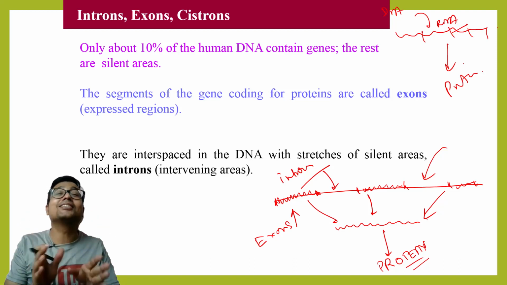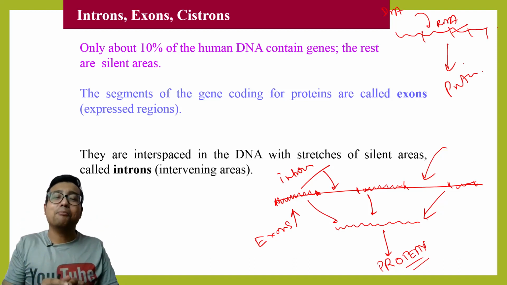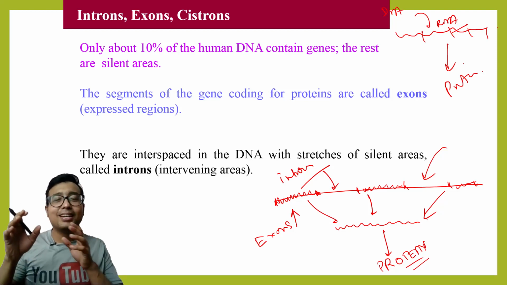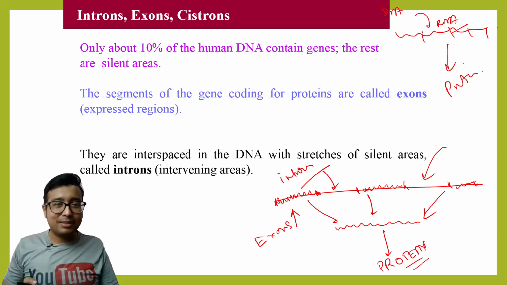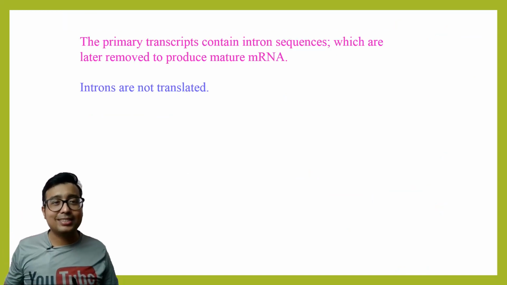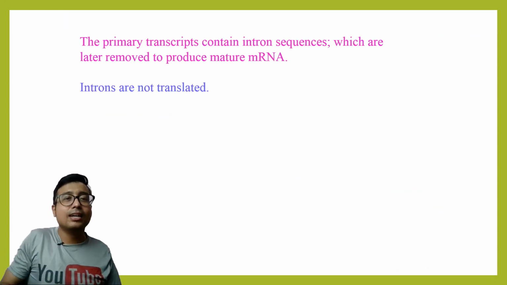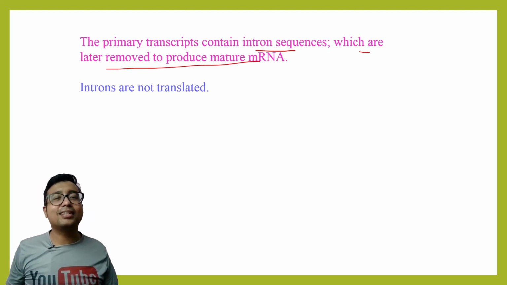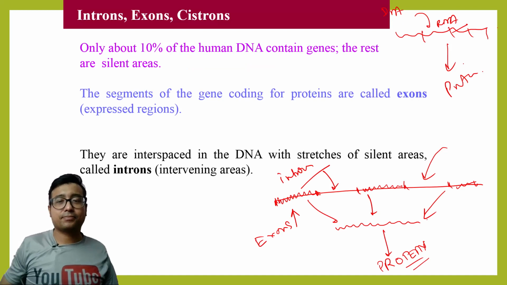Exons are the most important. Exons will be expressed, introns are not. The primary transcript contains intron sequences which are later removed to produce a mature mRNA. Get my point? So introns are not translated.